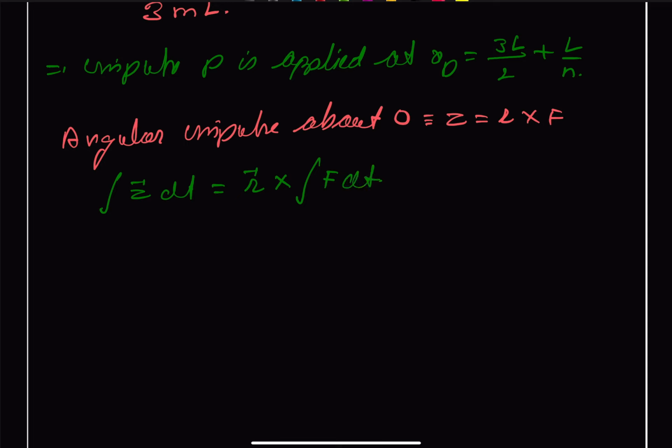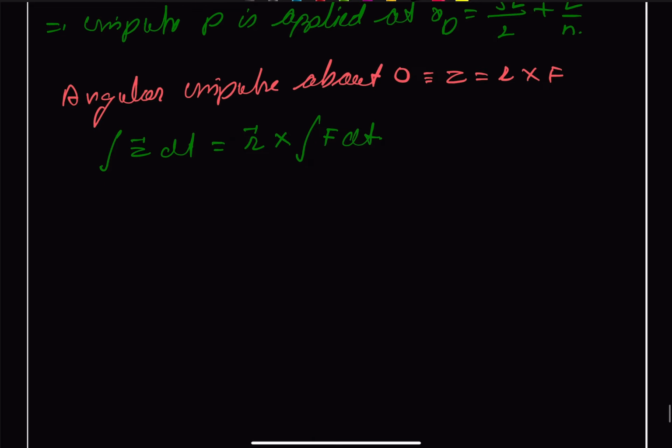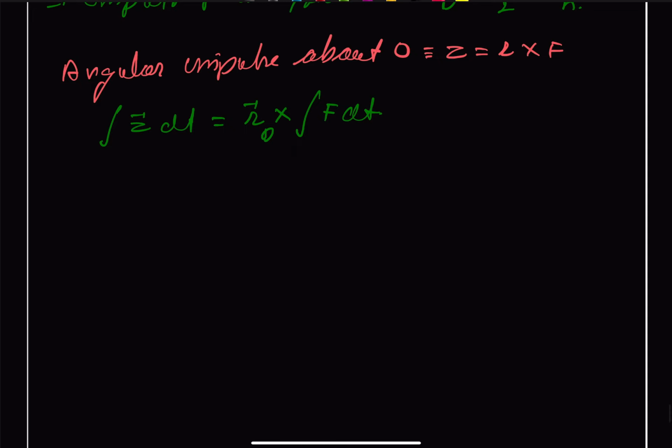and this R we can write as RD because the point is D, and therefore we can say that our angular impulse is RD cross P, the momentum.